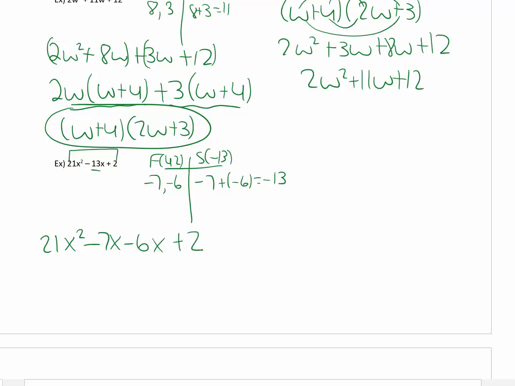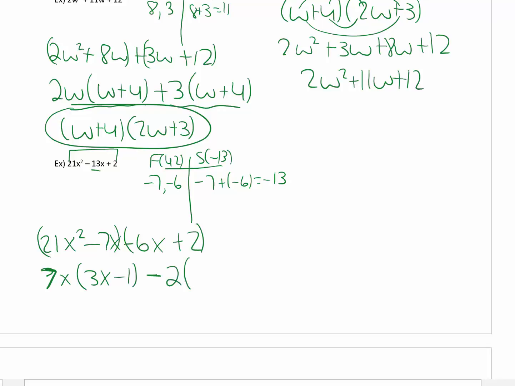So again, I'm going to do factor by grouping. I'll group these 2 terms and these 2 terms. From the first 2 terms, I can factor out a 7x. That leaves me with 3x minus 1. Remember, negative 7x divided by a positive 7x is negative 1. Notice here, the first term in the second set of terms is negative, so I'm going to pull out a negative. I can also pull out a 2.